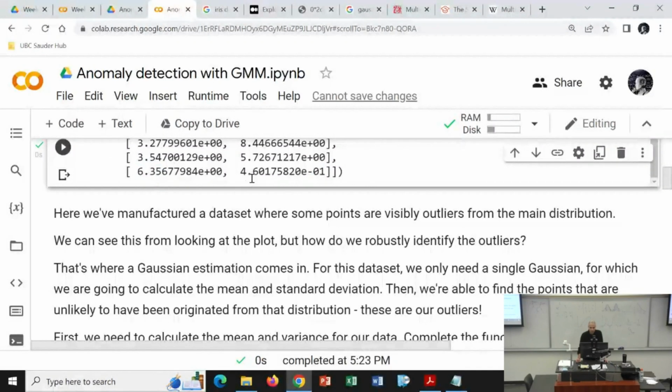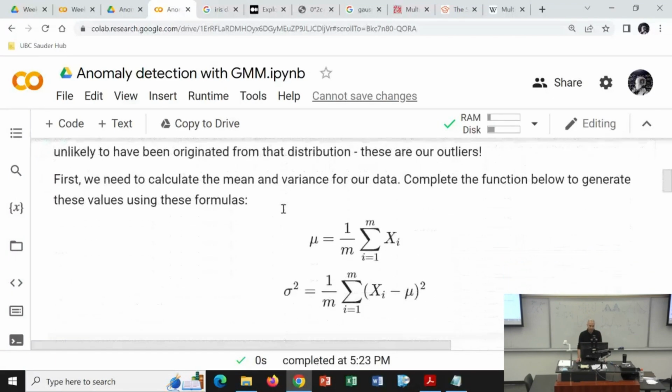So 6.3 and 0.4. So this is something that is separate from that core. It's somewhere else, right? Again, it's obvious for us to see, but we want to automate this process so that even if there are more than 2 features, we can find them as anomalies.